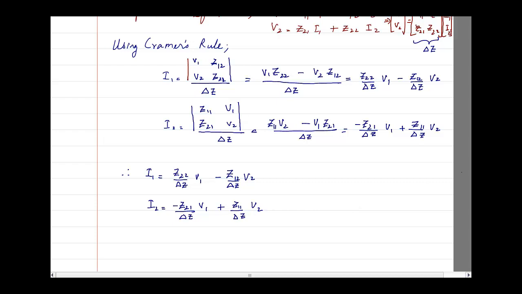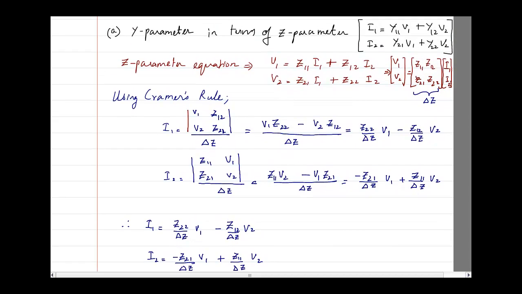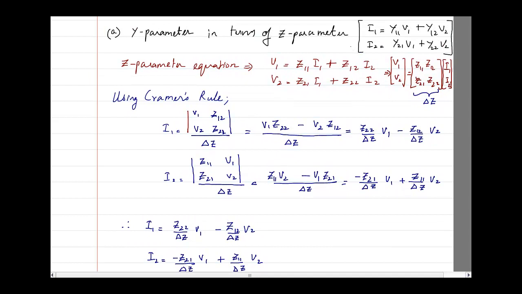Now look at the two equations, the equation that I have just now got and the equation of the Y parameter. See, both the equations are same, the only difference is in this part, in this part, this part, and finally in this part.